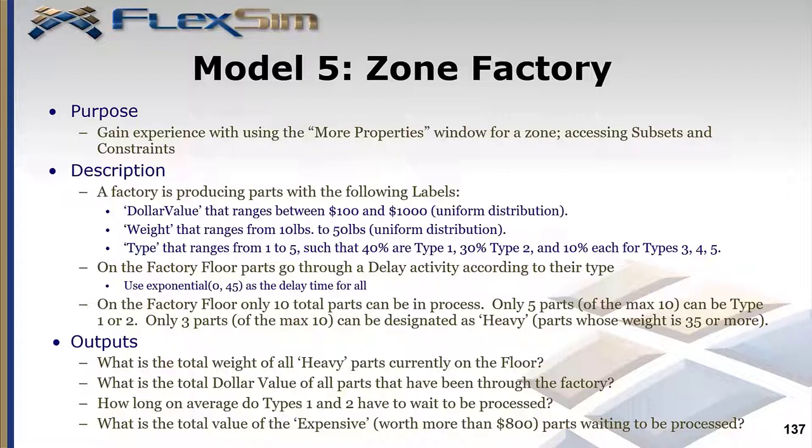So similar to the first stat, rather than having the stat in terms of how many tokens are heavy, we want the stat in terms of what those tokens are worth in terms of their dollar amount. So that's going to lead us to making another calculated stat. And because we're talking about all the parts, that means that this is a stat that's associated with the subset that includes all of my tokens. And because we're talking about things that have been through the factory, that tells me it's a throughput-based statistic.